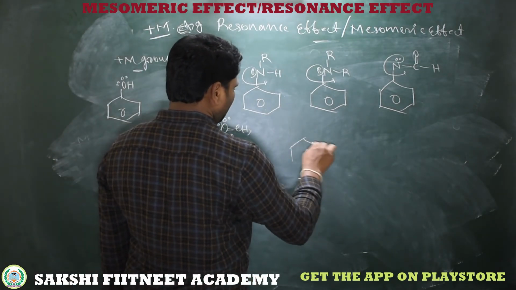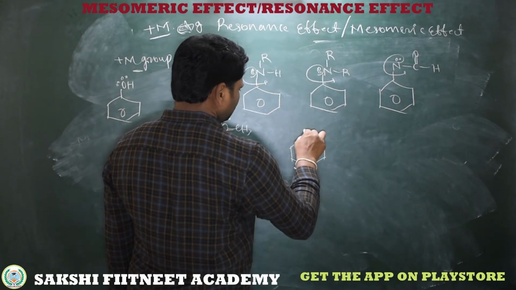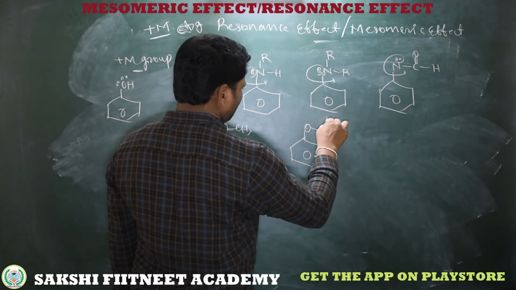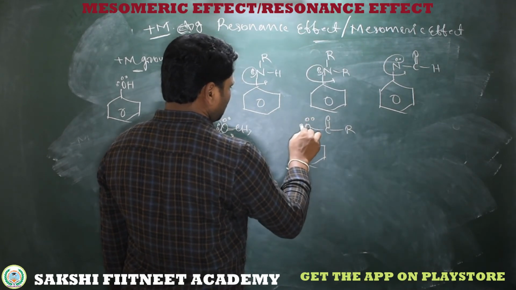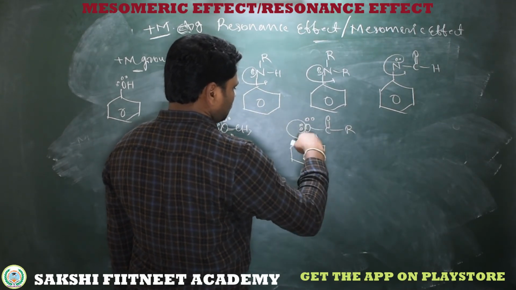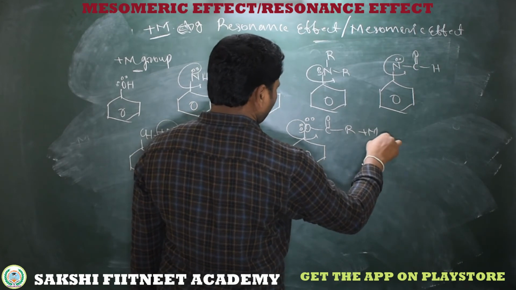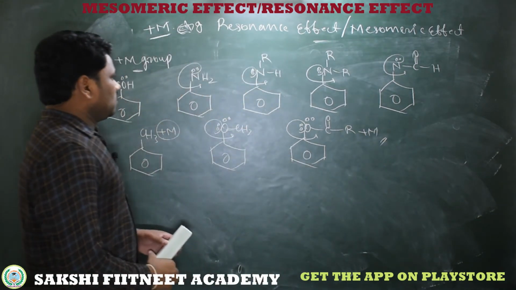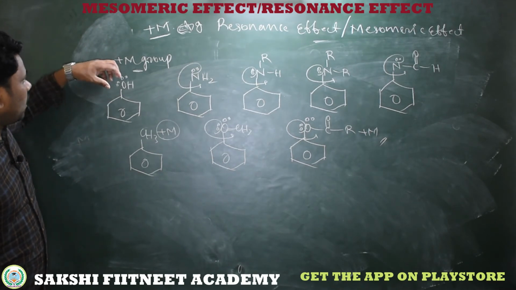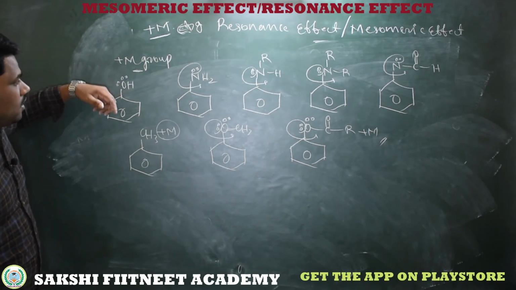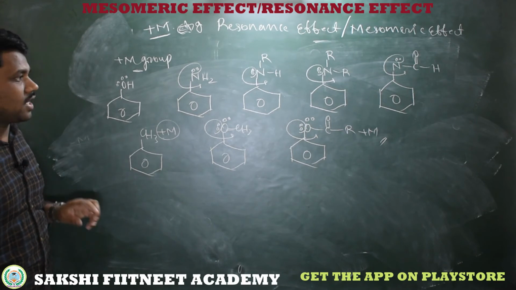And now here, this oxygen bonded to C double bond O and R. So this oxygen having a lone pair shows plus M characteristics. So these compounds are having an electron donating group, so obviously they show a plus M resonating effect.